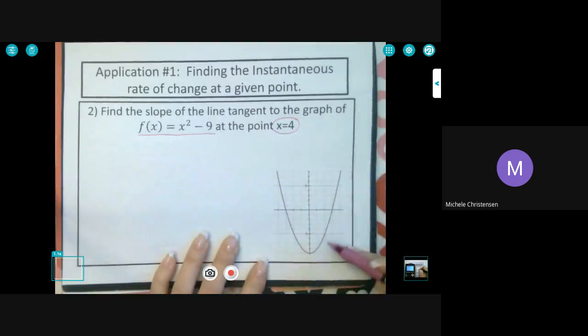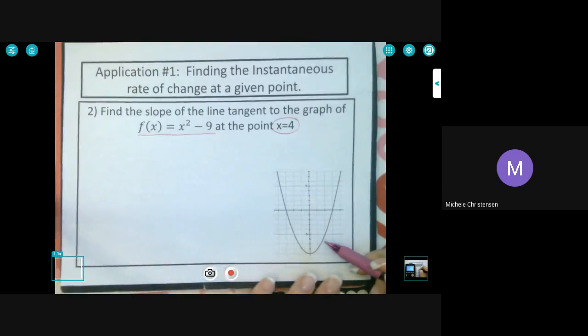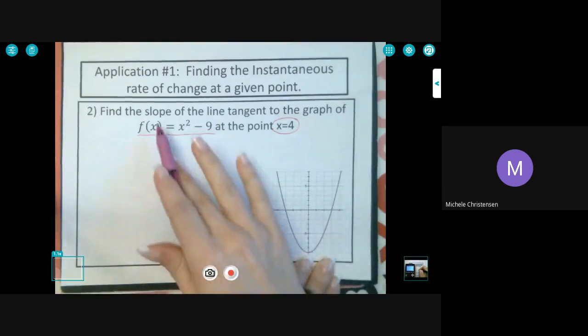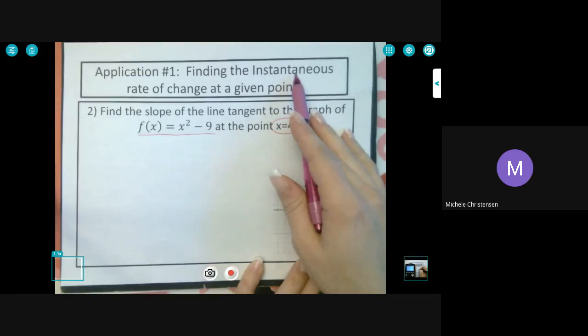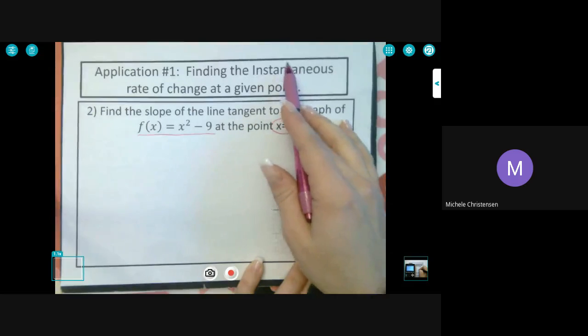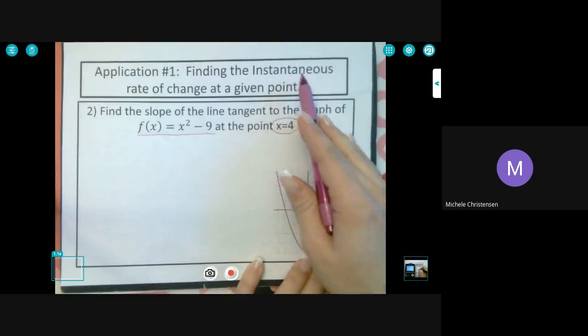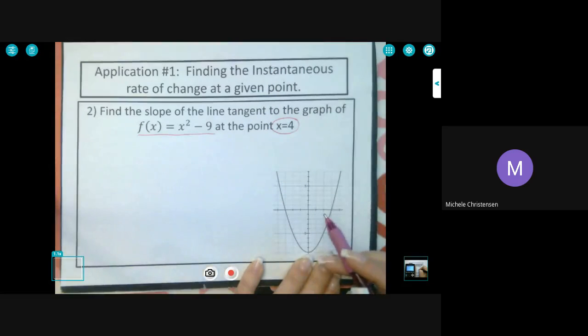And we're given the graph here. Essentially what we're trying to do is find the value for the slope of the tangent line, because remember, that's the same thing as the rate of change at one specific point, which means at that particular instant. So 1, 2, 3, 4.